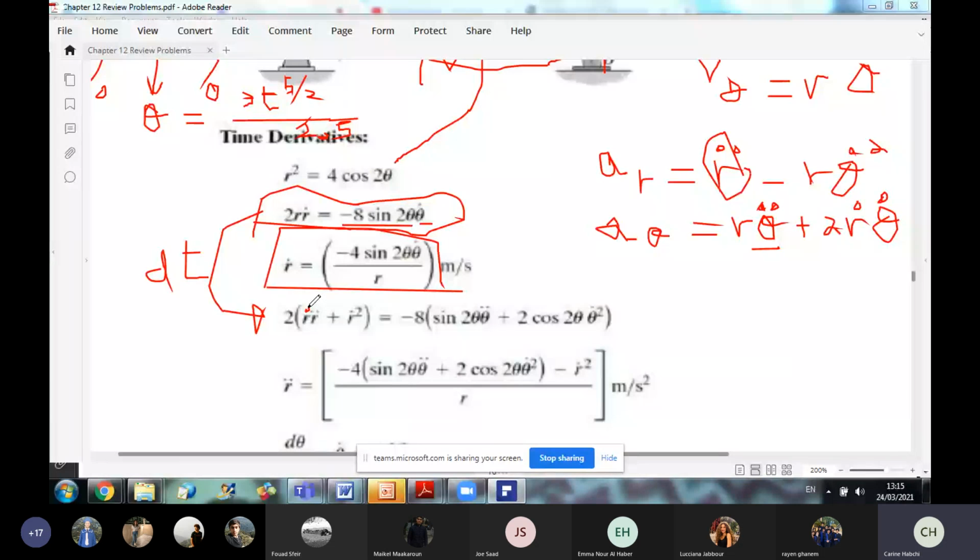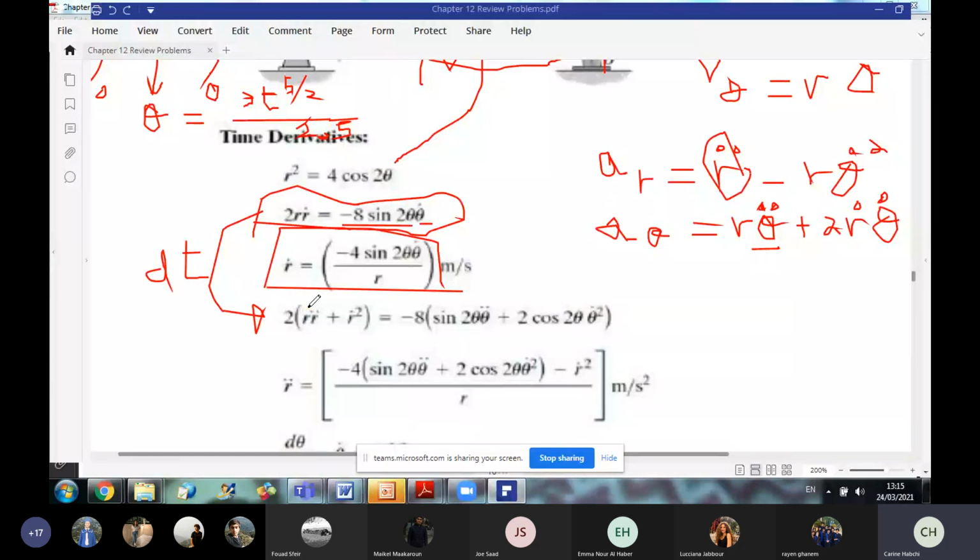Sorry, this is 2r, and the first time you do 2r times r dot dot. This is the first term because you are deriving first r dot, and the second term will be 2r dot times r dot, and it will give you r dot square. So you end up with 2 times r dot dot plus r dot square. This is the derivation of the first term.